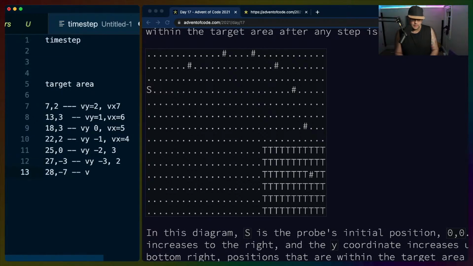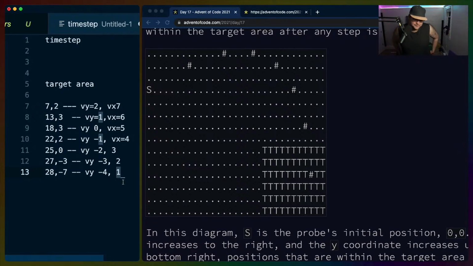And negative 4. 1. Right? So eventually x reaches 0. Well, eventually the x velocity reaches 0 and then gets pulled back maybe.